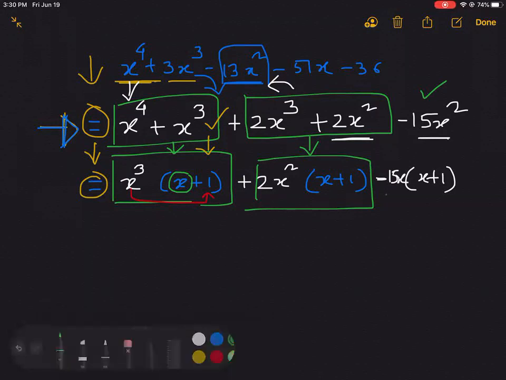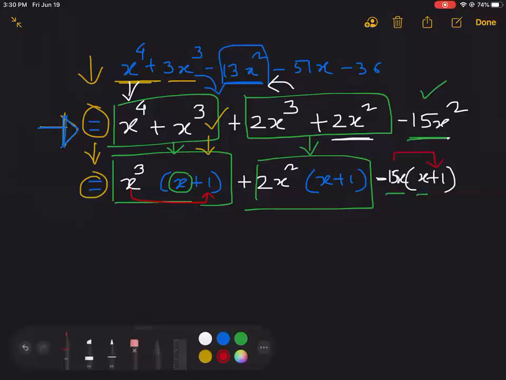Okay, so 15x times x will give us 15x squared. So this one is done and dusted. For 15x times 1, what will we have? Just multiply that by 1. Exactly, very good. We'll have a negative 15x here, right? Okay, so now I'll move to a new space.